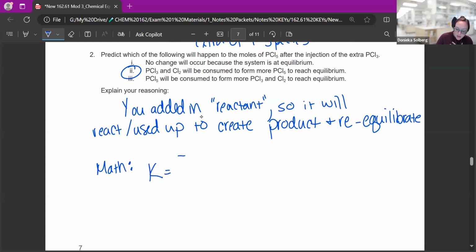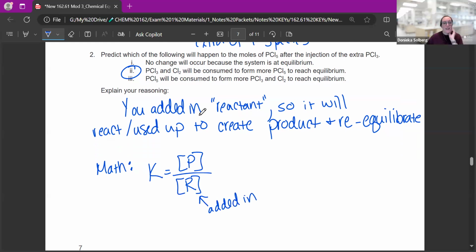K is always products over reactants, right? At equilibrium. So if I were to add in some more reactants, I added in physically more reactants. Well, some of them are going to have to turn into products so that this gets back to whatever the constant is, because again, it is a constant.